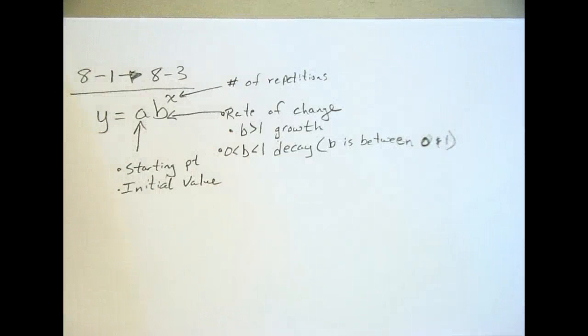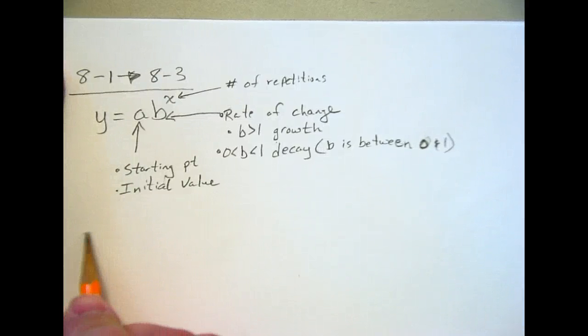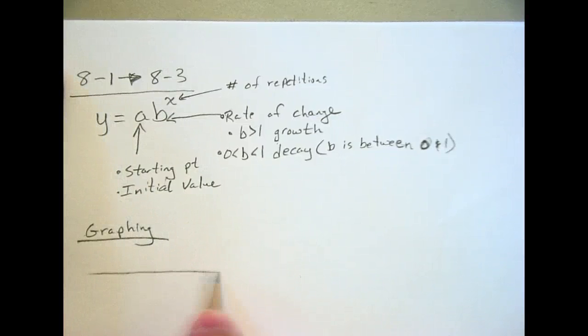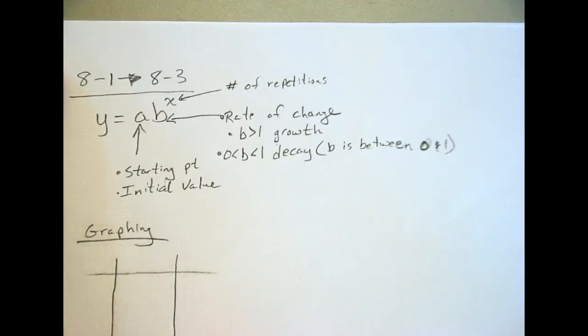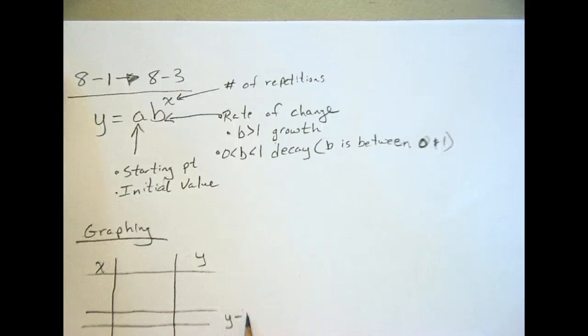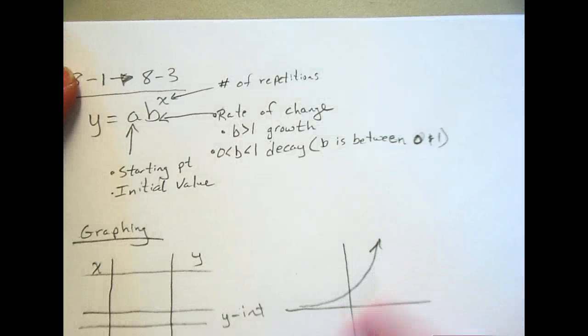So when we were graphing, remember we always started with determining where our initial value was. When we were building our tables and graphs, we always determined what our y-intercept would be. If I do a quick generic graph of a growth function, our y-intercept's right there.